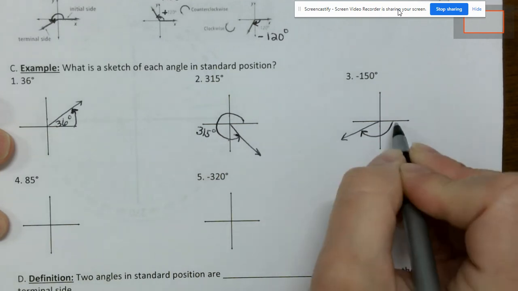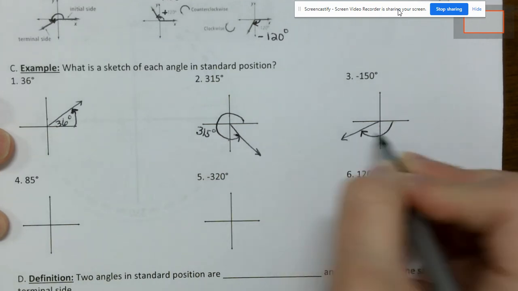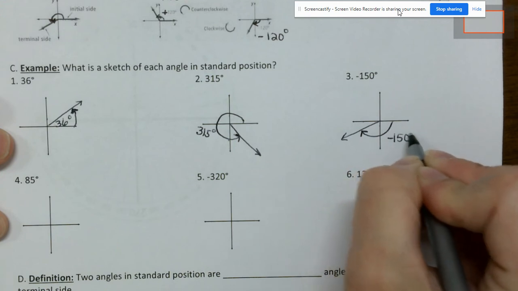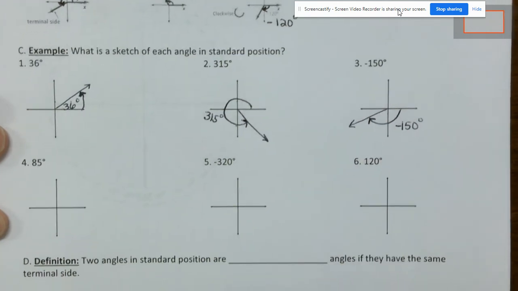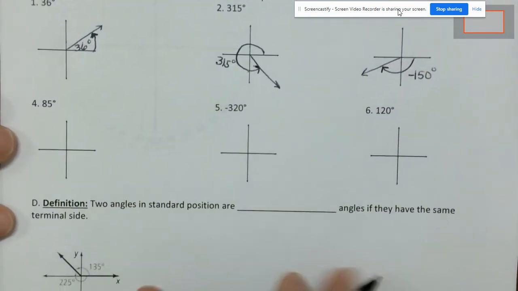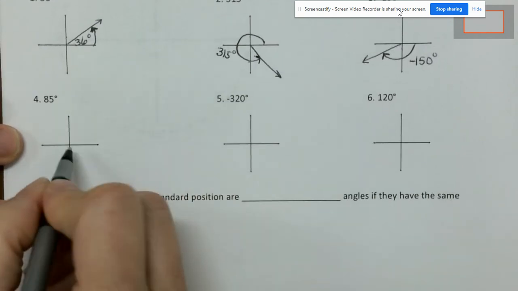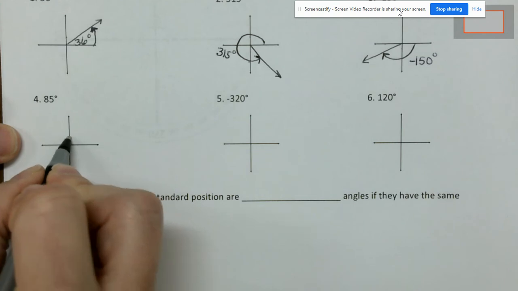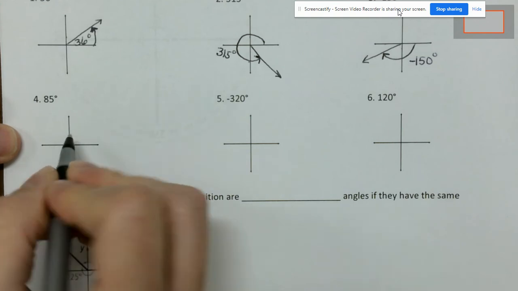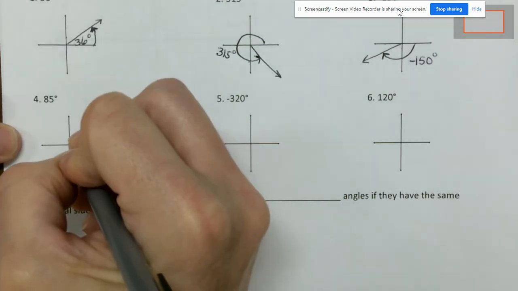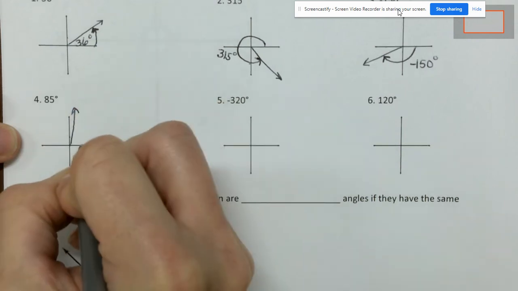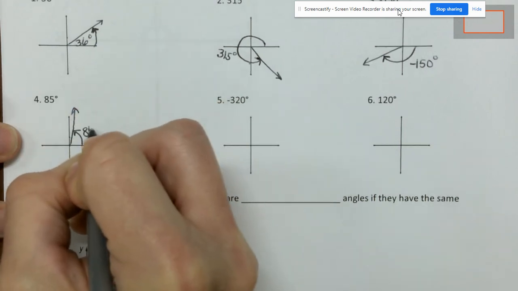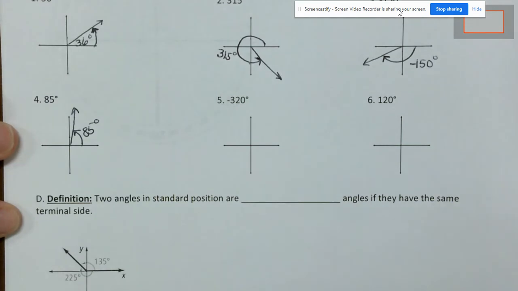And remember, we're going negative, so we're going clockwise. So this is going to be negative 150 degrees. If we're going for 85 degrees, remember that this first quadrant takes you to 90 degrees. So we're not quite going all the way up to 90. So we're going up to 85 degrees here.